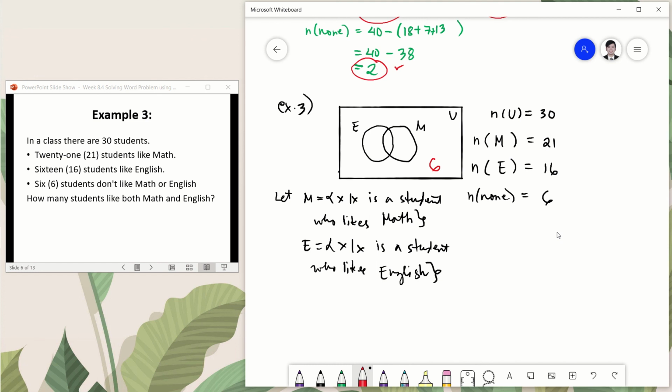To easily get the result, we just have to add 21, 16, and 6 and subtract 30 afterwards to identify the intersection. So 21 plus 16 is 37. 37 plus 6 is 43.